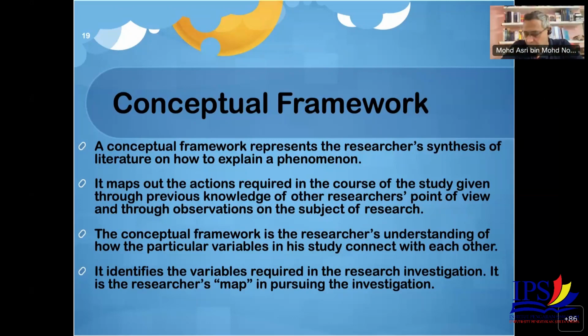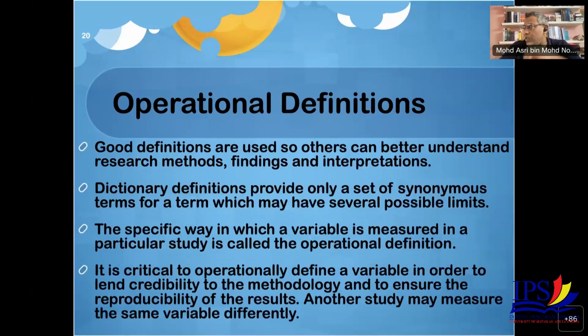The conceptual framework helps people understand the relationship between or among the variables. I'm giving you this explanation so that you get some idea of what the theoretical framework and conceptual framework are, so that it's easy for you to understand when you discuss this with your supervisor or your lecturer.